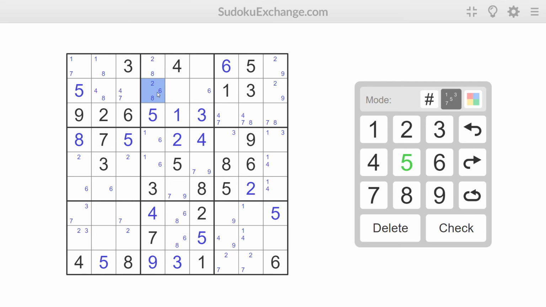Let's remove the 6 from here, which leaves us this spot to fill in the remaining 6, and these two spots which can contain 7 or a 9, right? So let's put in a 7 9 right here.